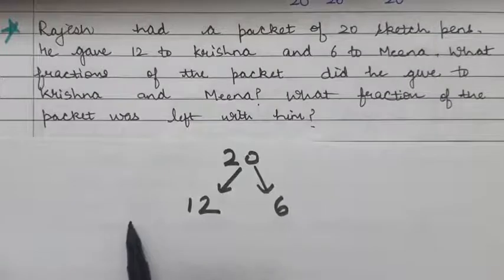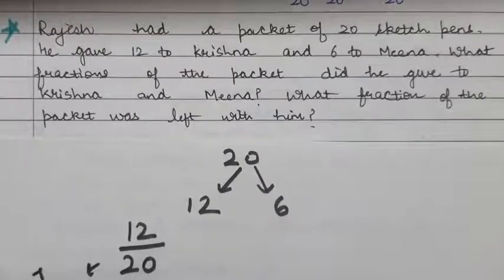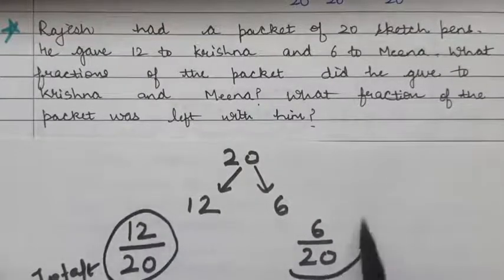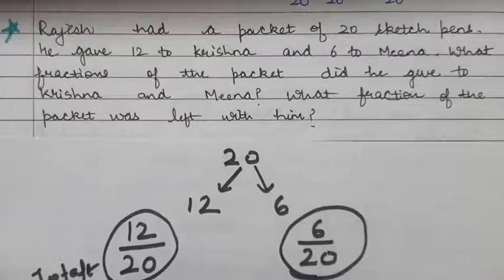The pens that Krishna got are 12 upon 20 of the total, and the pens that Meena got are 6 upon 20 of the total. So these are the fractions that Krishna and Meena got.